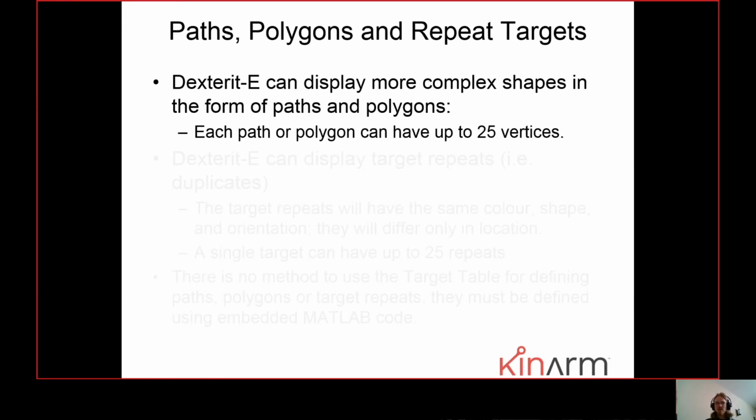A path is basically a joined series of line segments, and you can have up to 25 segments in a line that we will draw. There's a good example on how to do that and a good demo on our website. And the polygons, similar idea, except it's enclosed, and you can have up to 25 vertices. And again, there's a good example on how to make polygons on the website already.